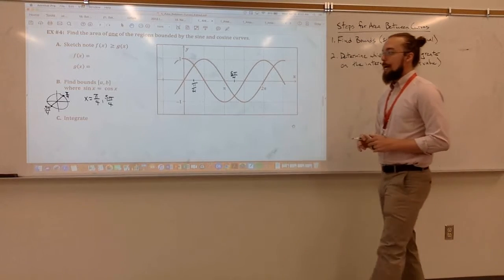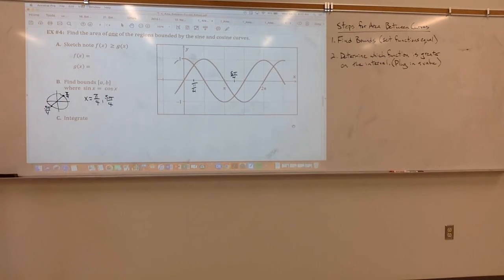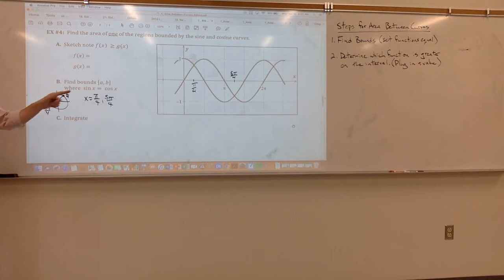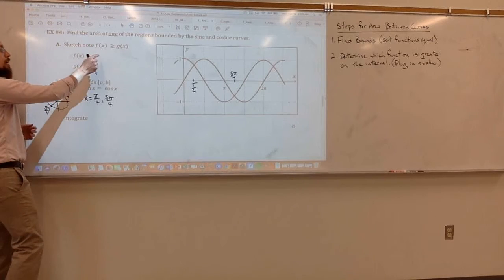Right? So if I plug pi into sine, what's sine of pi? 0. And what's cosine of pi? -1. So on this interval, sine is greater than cosine. Right? So that's in part A here.